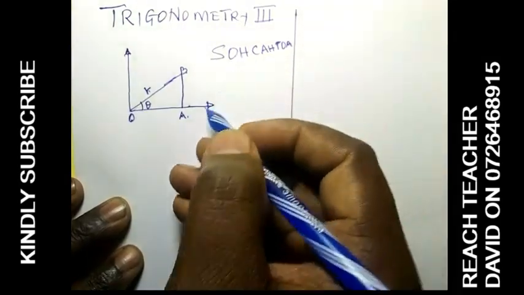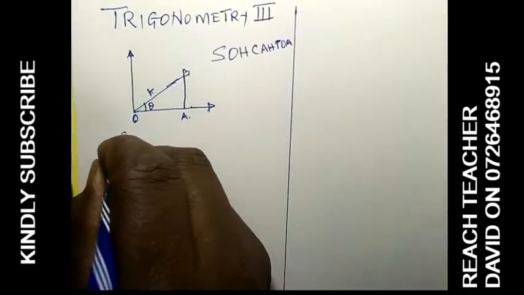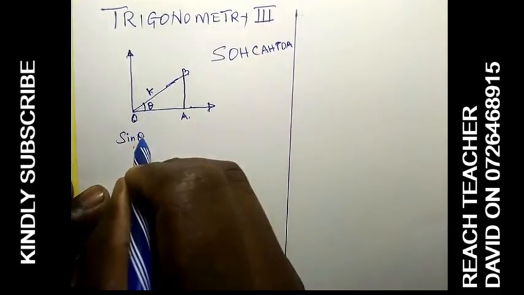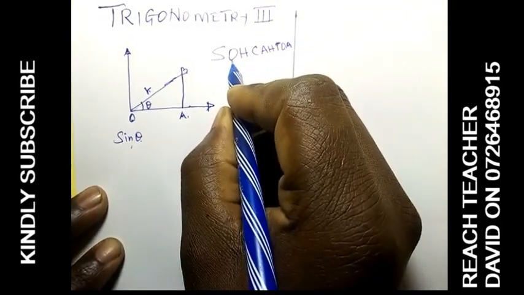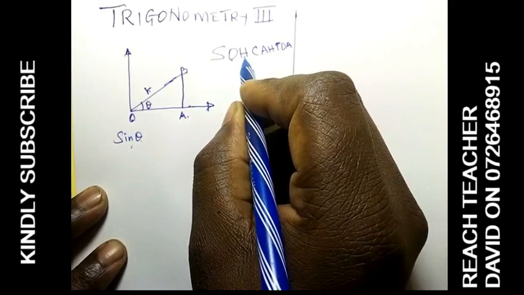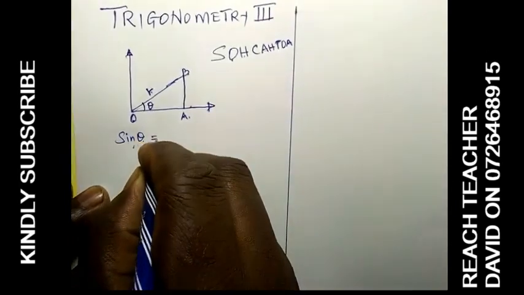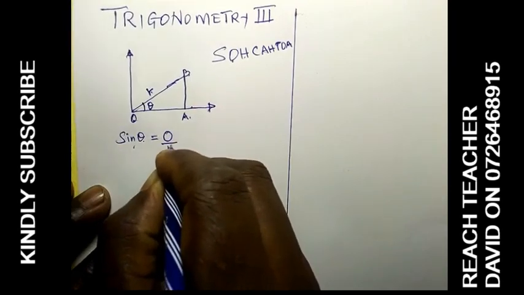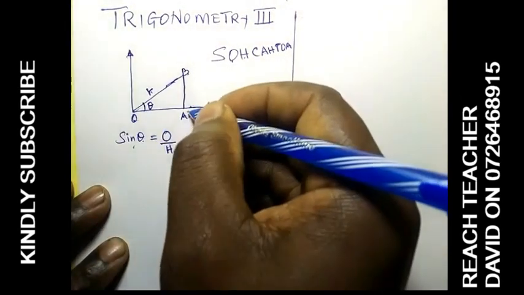So if we use SOHCAHTOA from Form 2, we learn that sine theta will be opposite divided by hypotenuse. And what is the opposite?